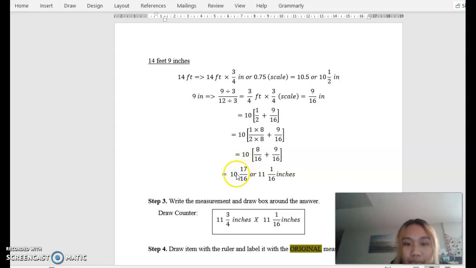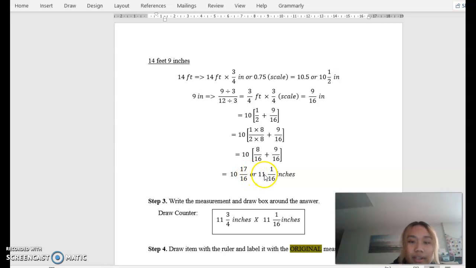So 8, just copy the mixed number, the whole number, just write it down. Now 8 plus 9 gives us 17. 16, just copy the denominator, because they're already the same. This one we can still reduce to its lowest term.